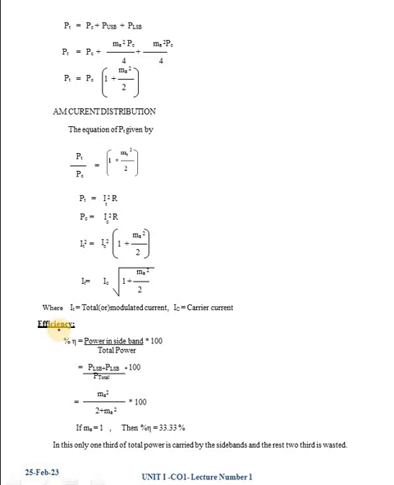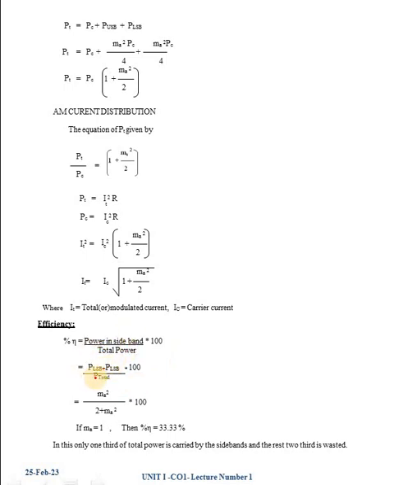And efficiency: how efficiently the AM modulated waveform is transmitted after modulation, that is nothing but efficiency. Efficiency can be defined in terms of percentage. So percentage of efficiency is equal to power in the sideband divided by total power into 100.